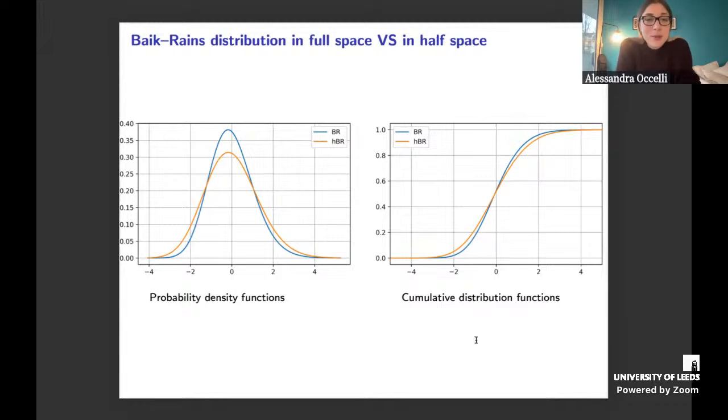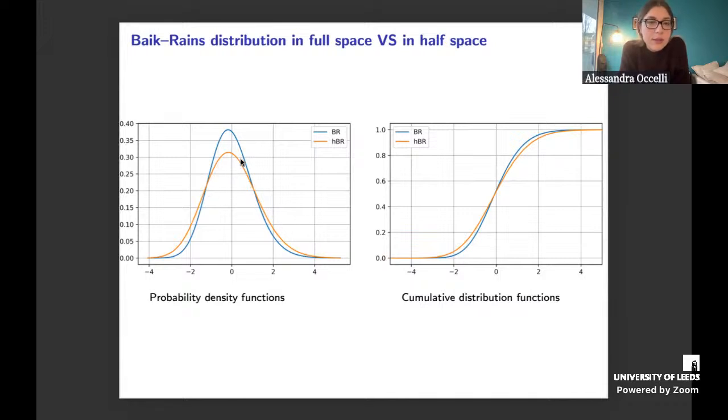And so we were able, for example, to obtain the plot and some estimates on the average and the moments of this half space Baik–Rains distribution. Here we compare the probability density function and the cumulative distribution function for the Baik–Rains in full space in blue and half space in orange.